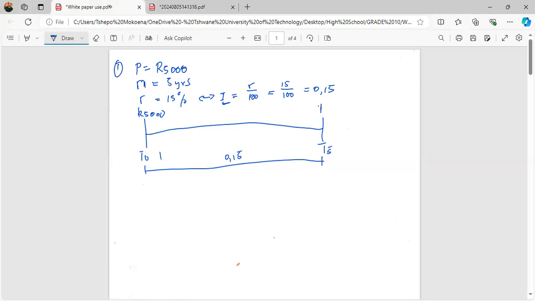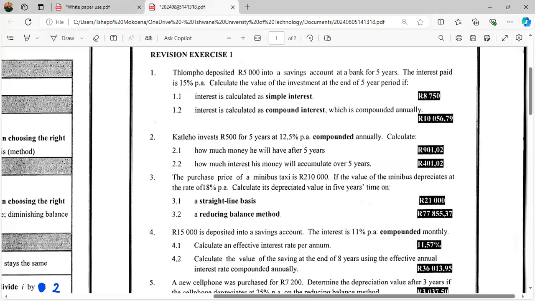We want to know the future value. We take this value to the end of our timeline, which is 5 years, meaning the amount will be there in 1 year, 2 years, 3 years, 4 years, until 5 years, while it is busy earning this interest rate of 0.15.